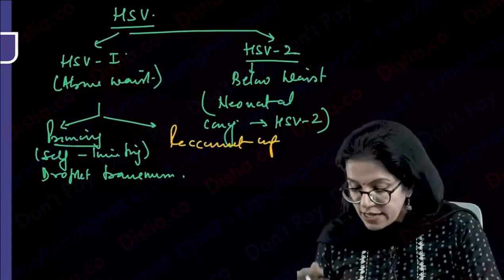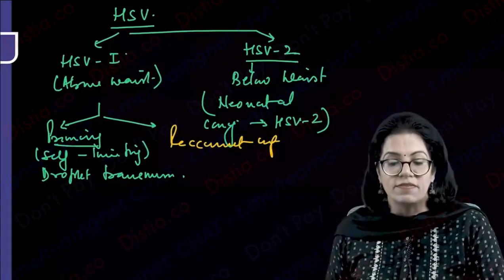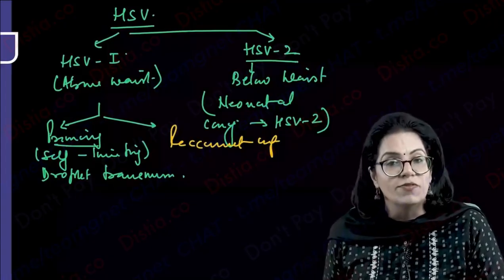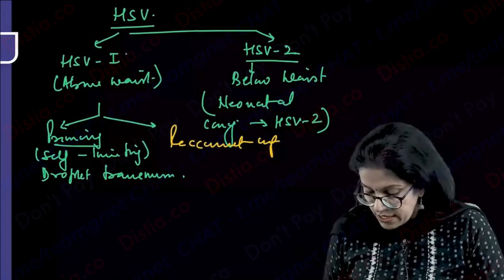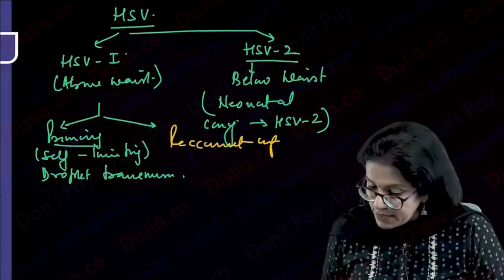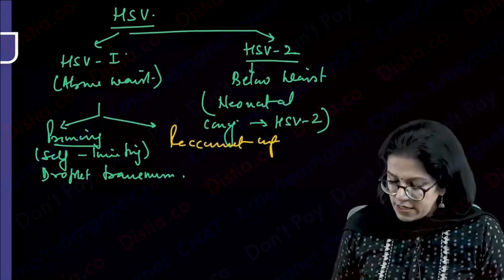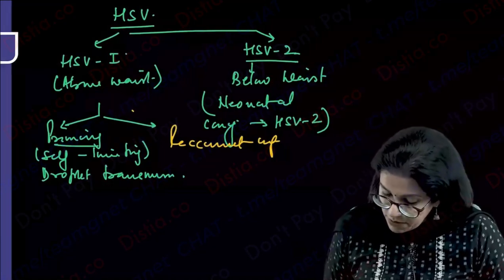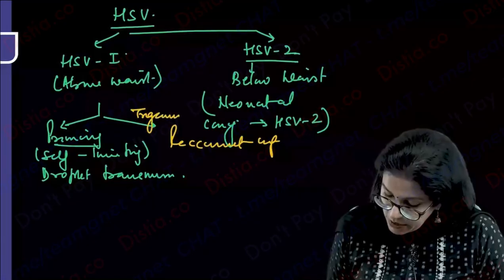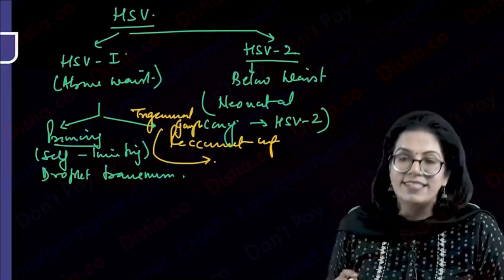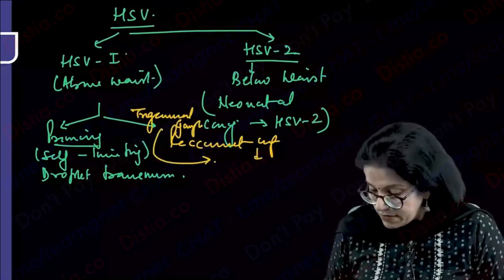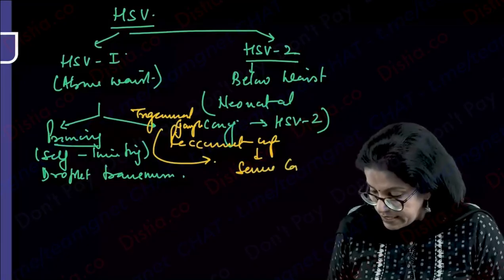And later on it reactivates there and manifests with severe corneal involvement. It is generally dormant in the trigeminal ganglion most commonly, the sensory ganglion. From there it again causes infection, reactivation. This is the cause of recurrent infection, and here there will be severe corneal involvement.